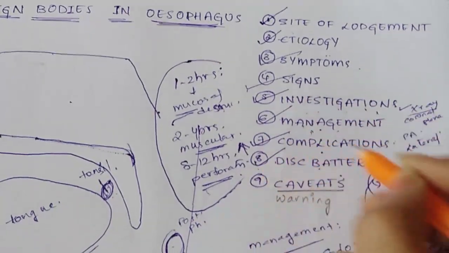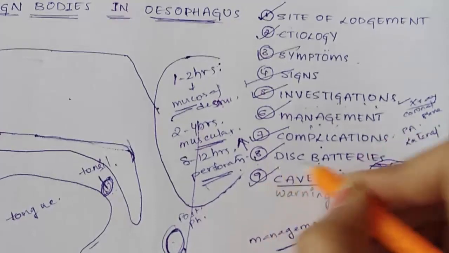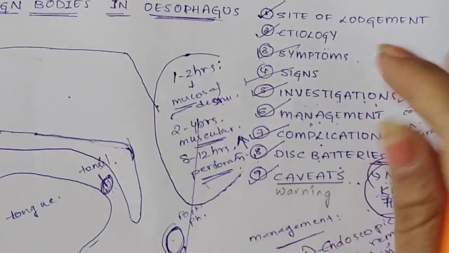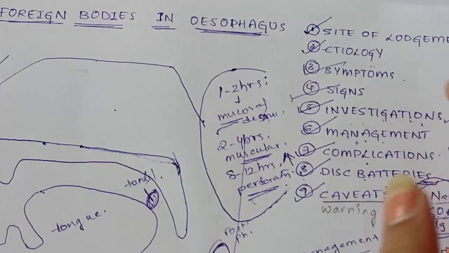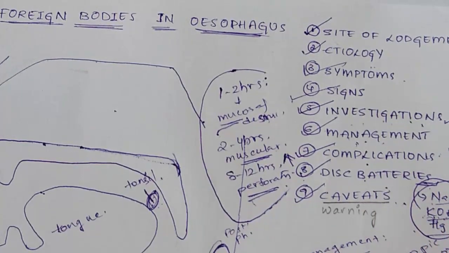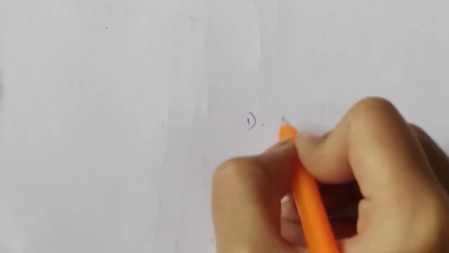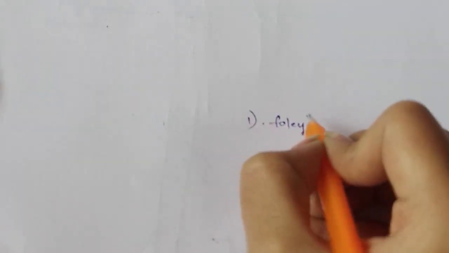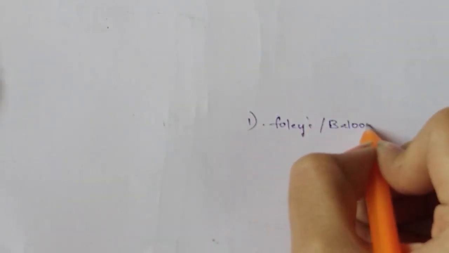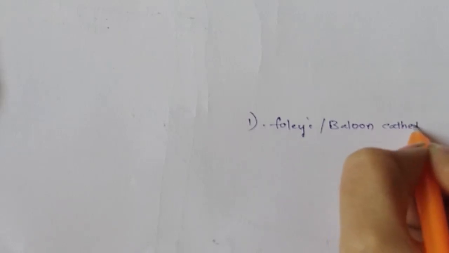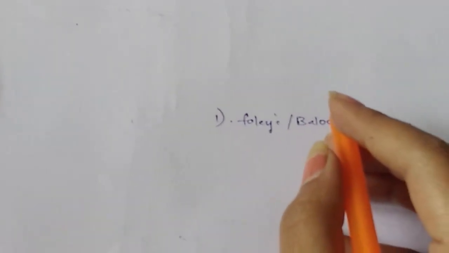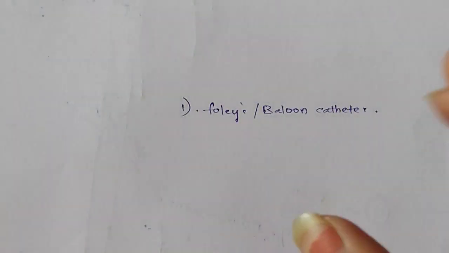So we have studied about disc batteries, and finally caveats, or otherwise called as warnings. What are the things you should not do to remove these foreign bodies from the esophagus? So first, you should not use Foley's catheter or balloon catheter to remove these foreign bodies. It is always better to remove these foreign bodies by looking at their site through the endoscope, with the help of forceps.